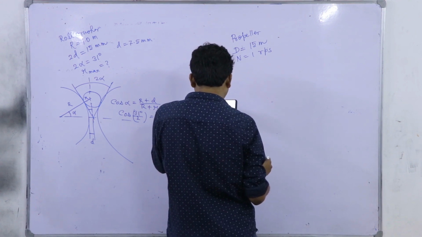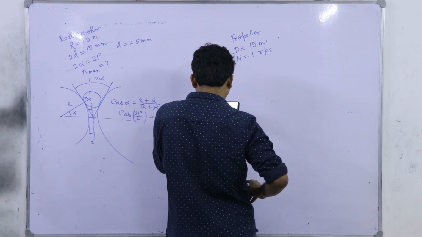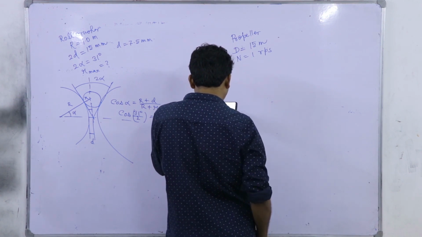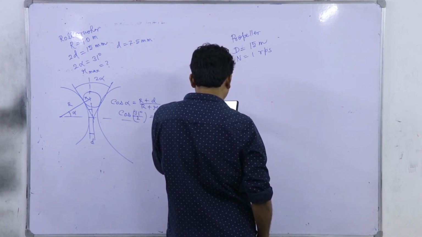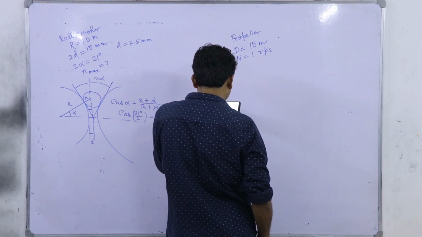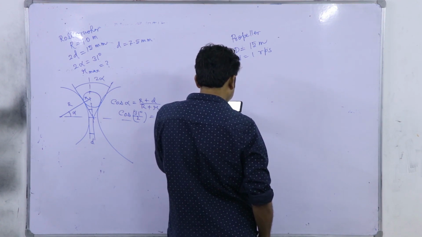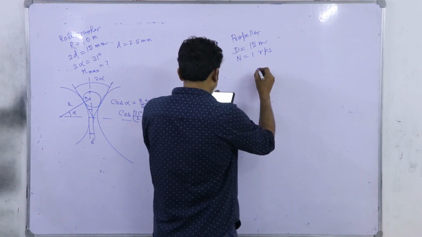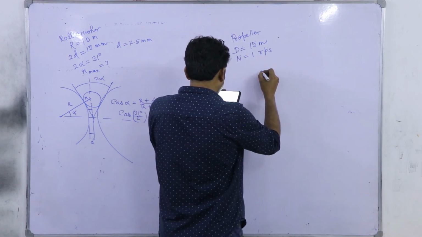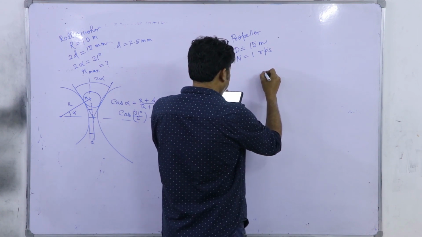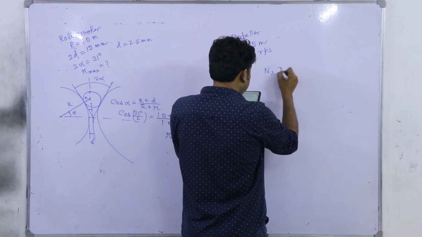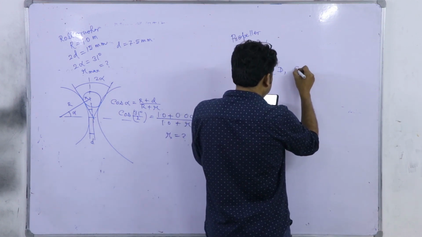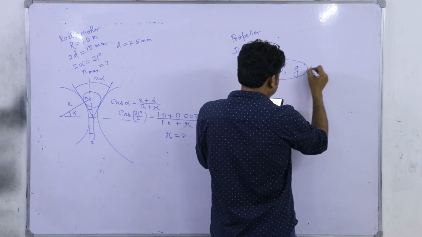Important parameters to study the flow are flow velocity n, the diameter of the propeller d, and acceleration due to gravity. So, these are important parameters.